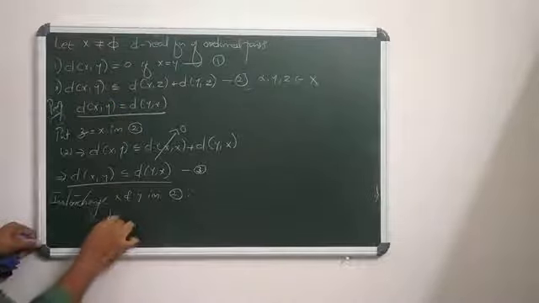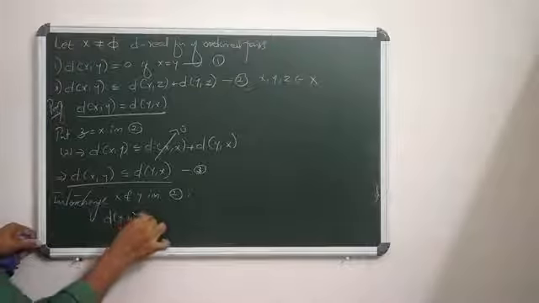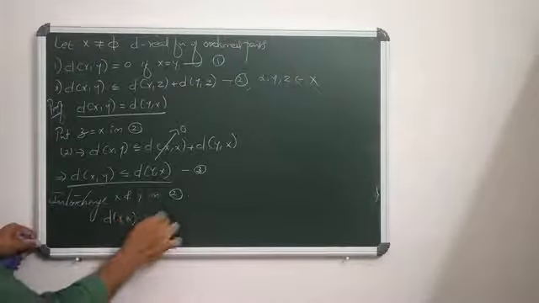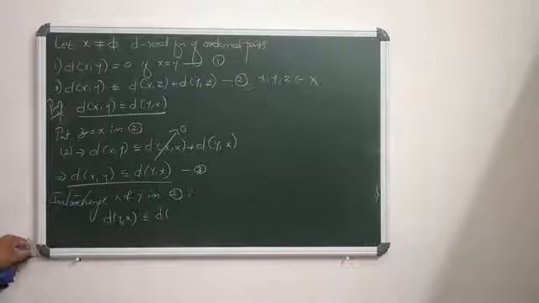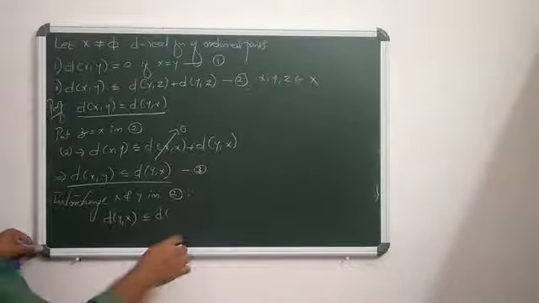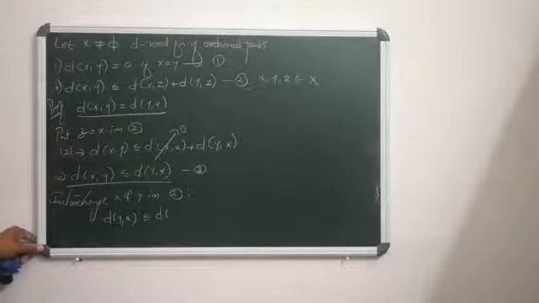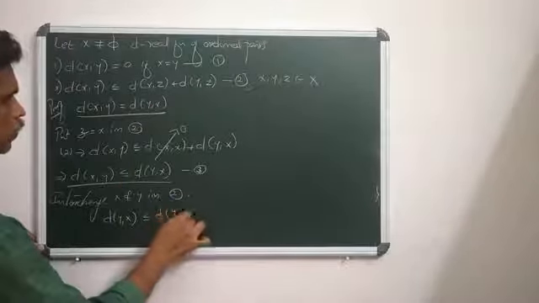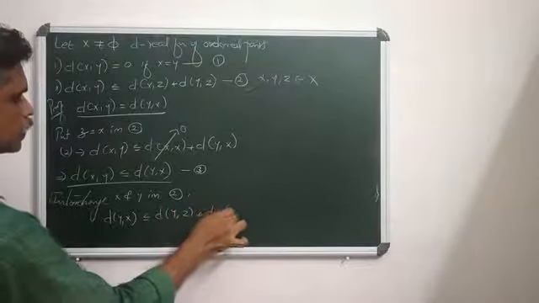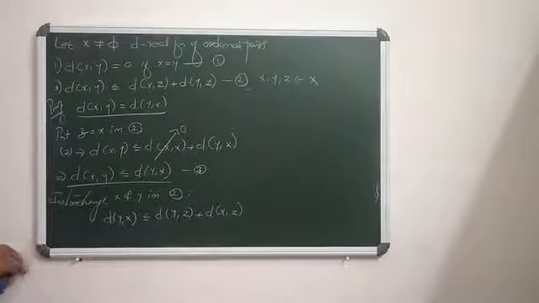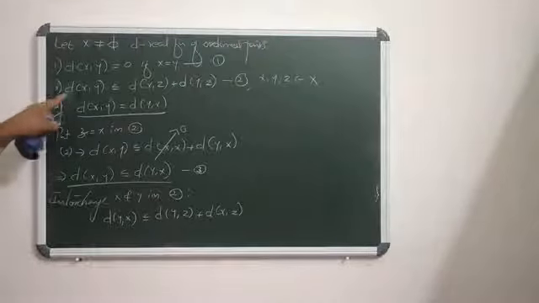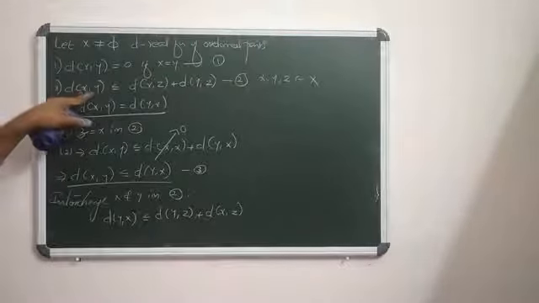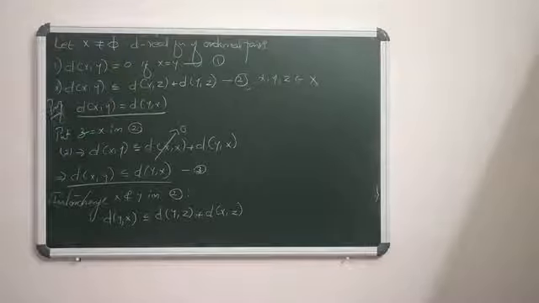That is dyx less than or equal to dyz plus dxz. Interchange x and y in equation 2. So it is dyx less than or equal to dyz plus dxz.